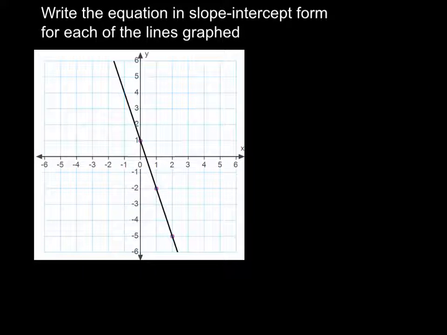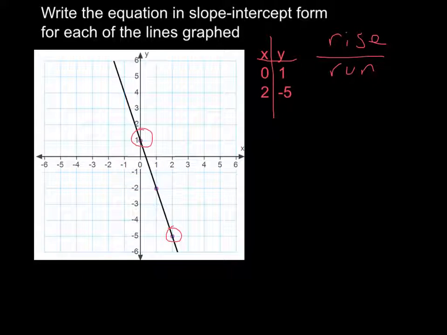We're going to do this one the same way. We're going to use the points 0, 1 and 2, negative 5. We know that the slope is going to be rise over run.